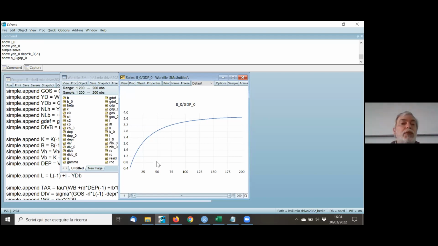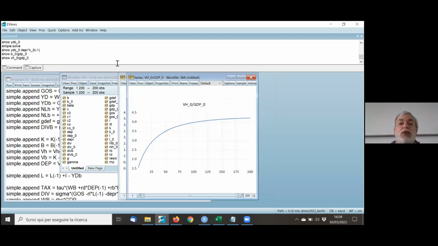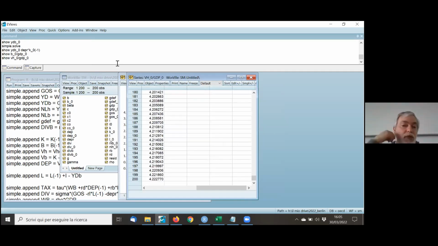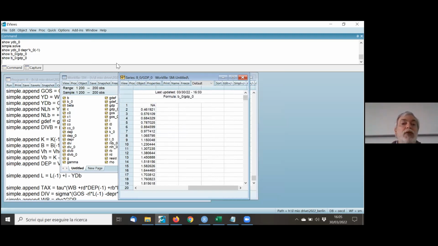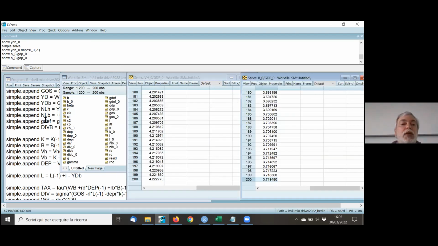So let's say that we take the value at which wealth is converging relative to GDP, this is about 4 something, 4.2. And I guess bonds will be converging to a similar value.